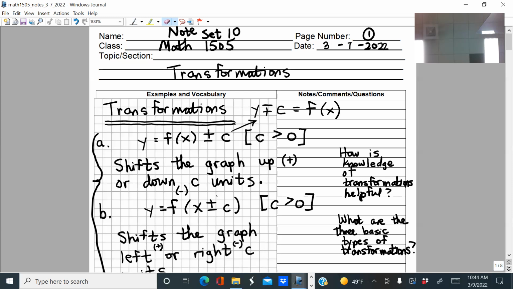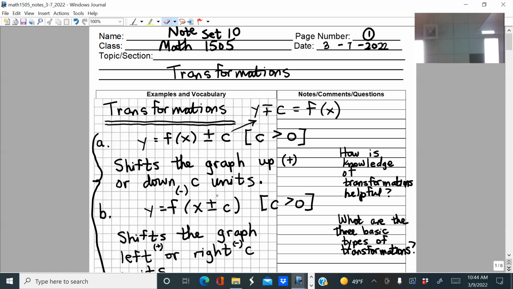Here the formula is applied to x, then we add or subtract the constant. Here you are adding or subtracting the constant from x, and then we're applying the function. This also is a shift, except the shift now is to the left or to the right instead of up or down. So adding a constant to the formula shifts the graph up or down. Adding or subtracting the constant from x shifts the graph to the left or to the right.